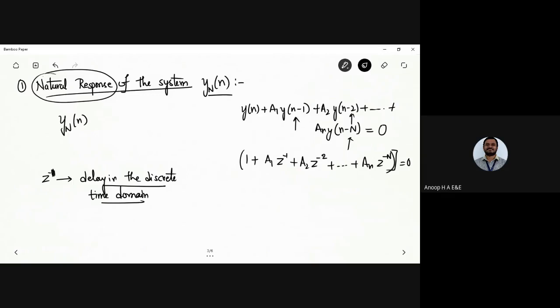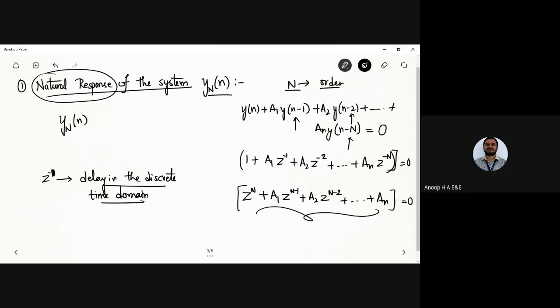Now I'll multiply with z power N, where capital N refers to the order of the system. So z power N plus a1 z power N minus 1 plus a2 z power N minus 2 plus up to aN, and I can equate it to 0.